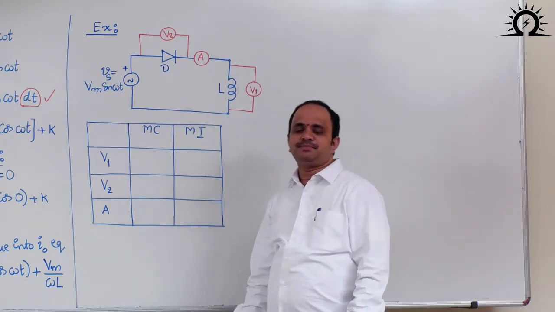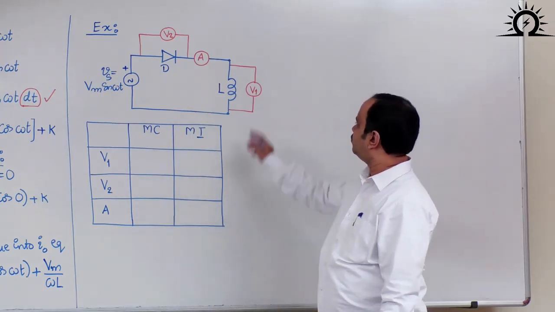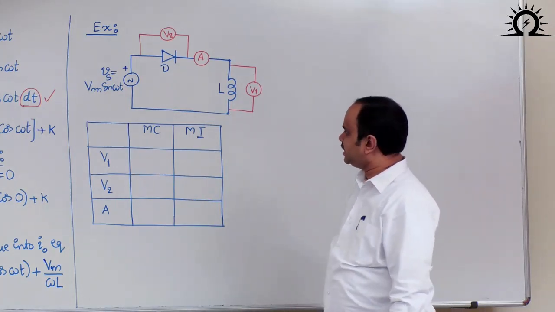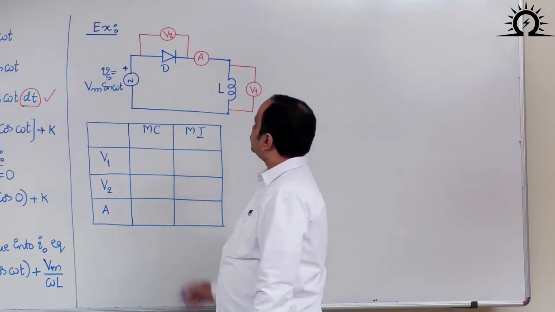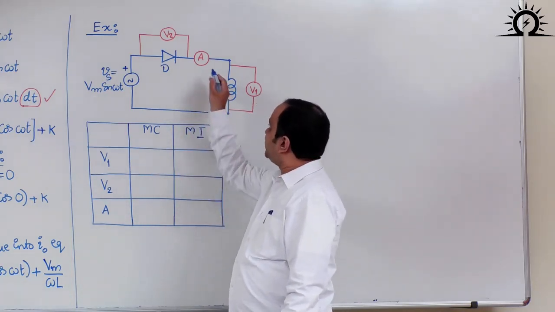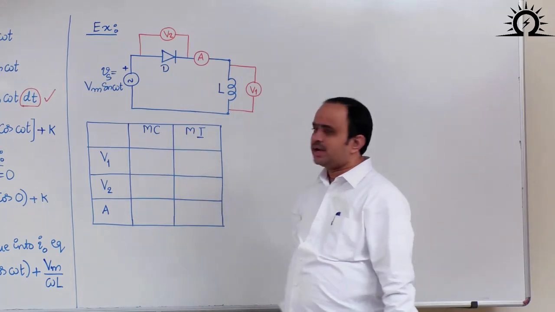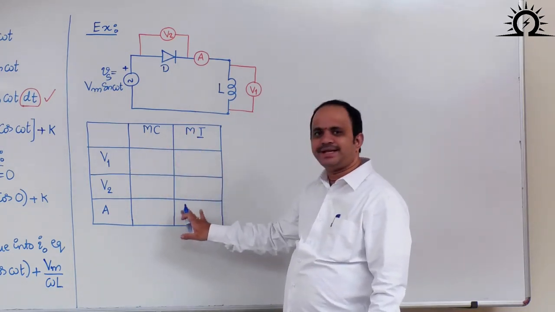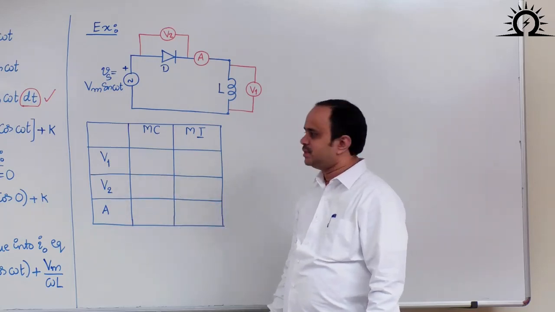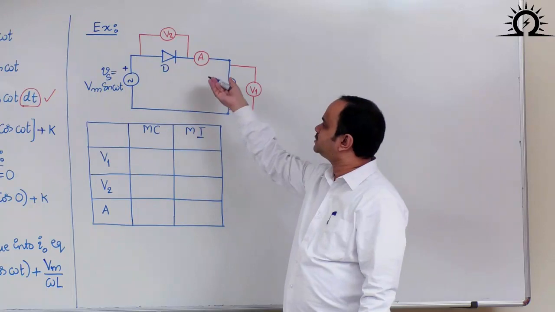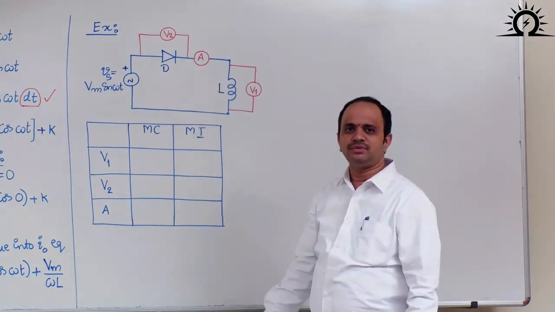One voltmeter is placed across the diode, one voltmeter is placed across the inductor. The question is, we need to write down the expressions if the meters are MC type and MI type. I will do this problem in general with symbols; if numerical values are given, you are expected to calculate according to those formulas.